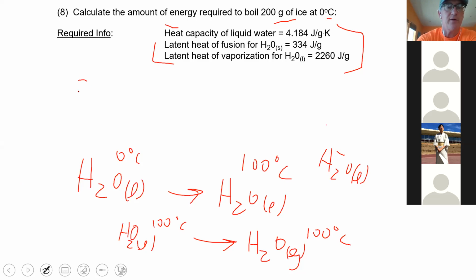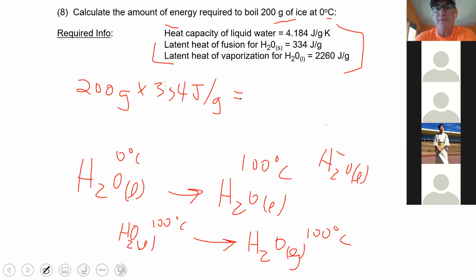Yeah, so I got 200 grams. And my heat of fusion is 334 joules per gram. That is the amount of energy required to convert my water as a solid and turn it into a liquid. That's how much it takes for it to melt.